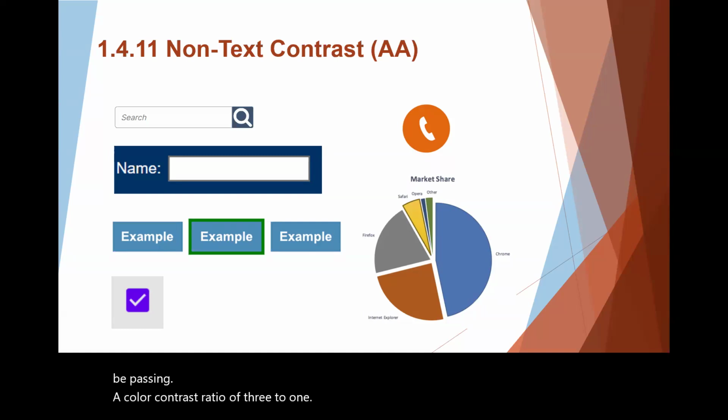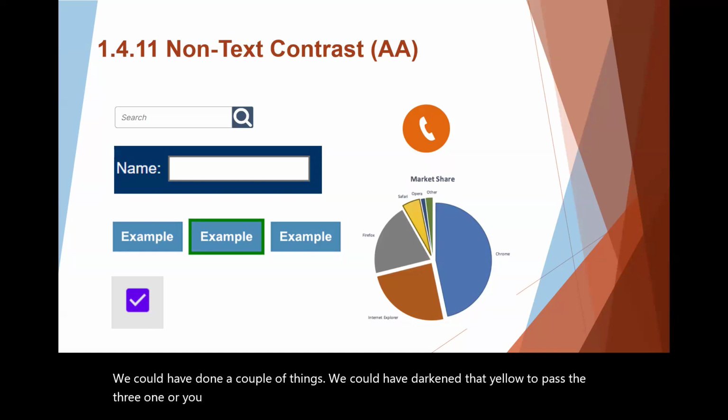So in this case, we could have done a couple things. We could have darkened that yellow to pass the 3:1, or you can provide an outline to that pie piece, and that outline is now the contrast to the background.